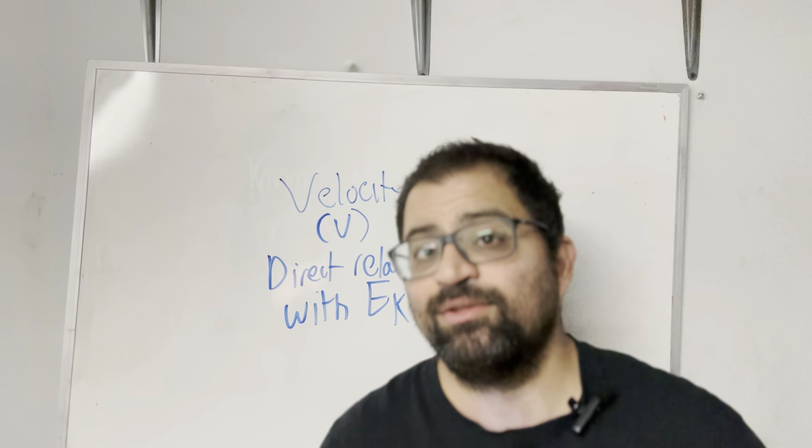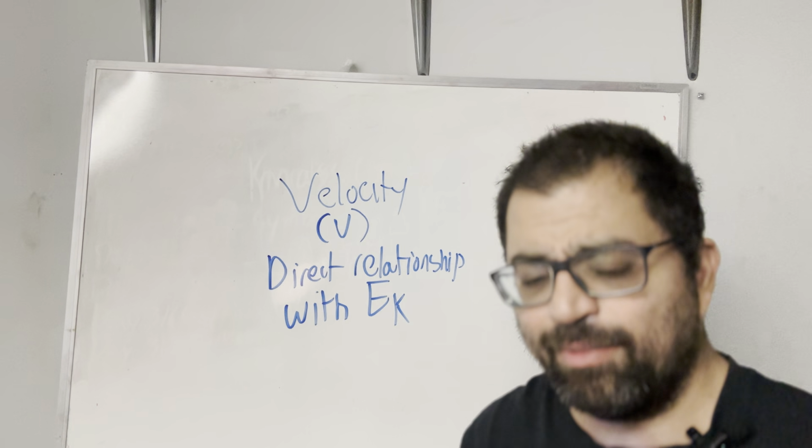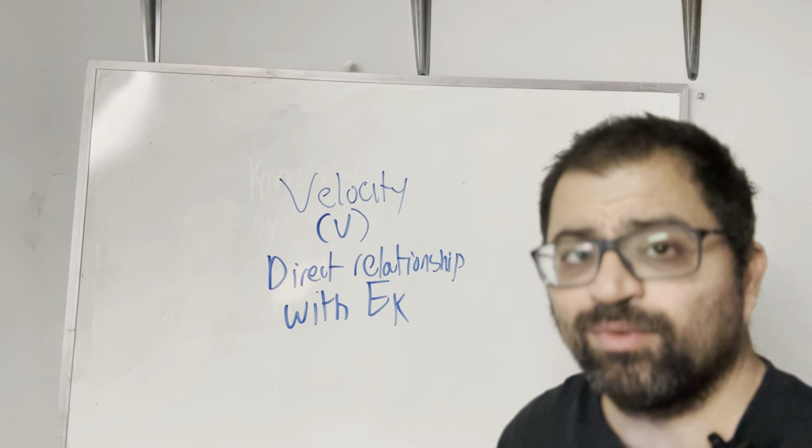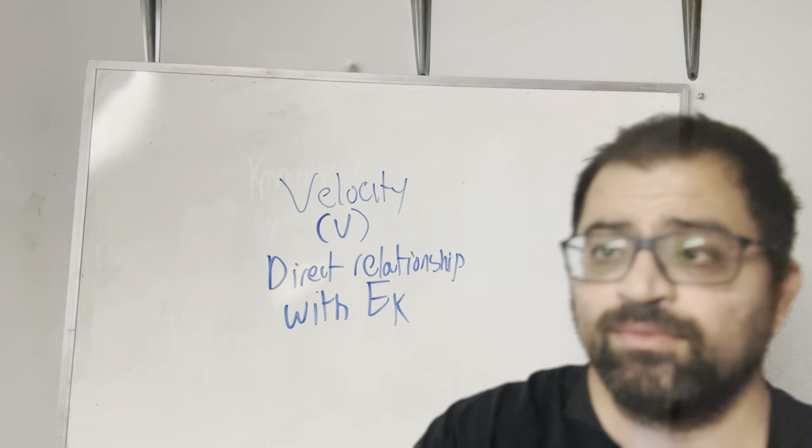Now, in order to get to the formula, we have to think about which one is going to have a stronger relationship in this case. We have to figure out which of these qualities is the most important.